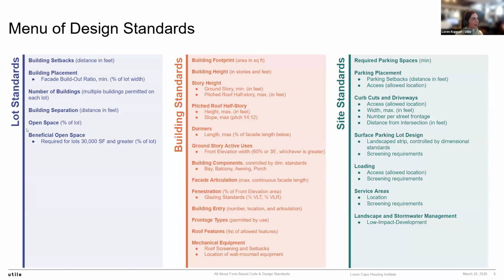And so it's something that we are really excited about to see happening more and more in other municipalities. So part of this kind of what I'll call menu of design standards is identifying a series of different standards, both relative to how things look and feel on a lot. So where the building sits on a lot, the amount of open space on it, whether you allow multiple buildings, to standards that regulate aspects of the building themselves, whether it's story height, the overall building height, dormers, how to articulate your facade, etc., down to site standards.